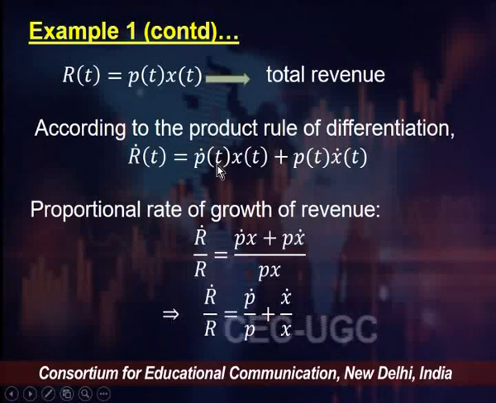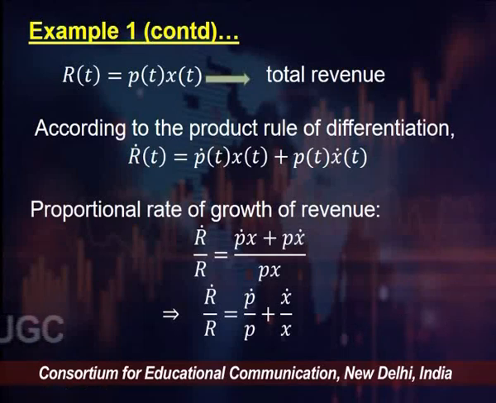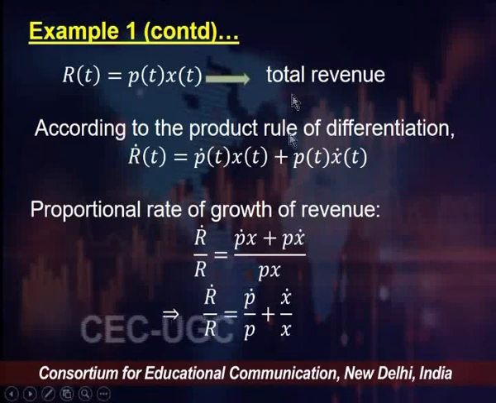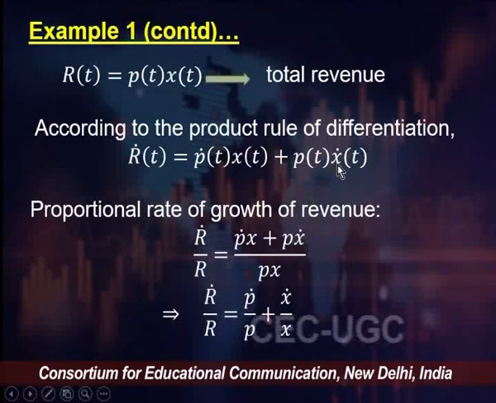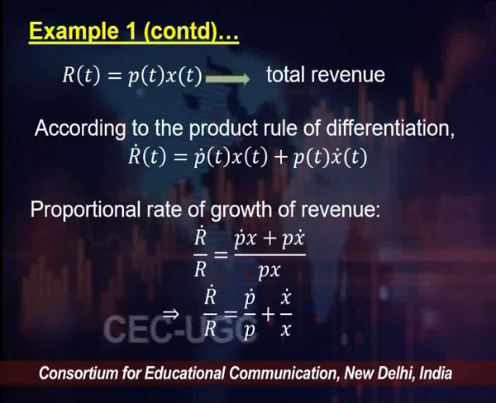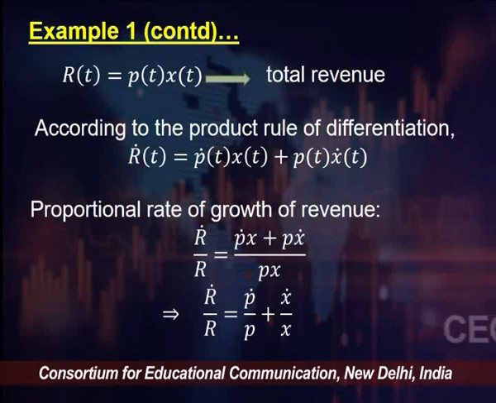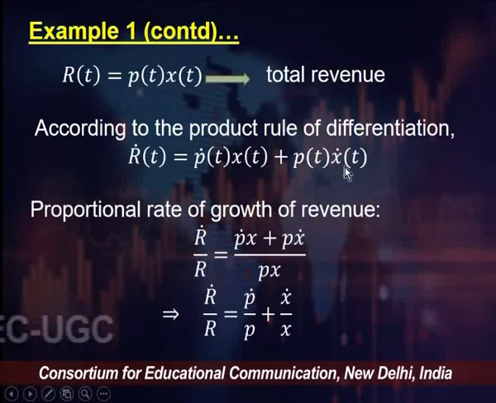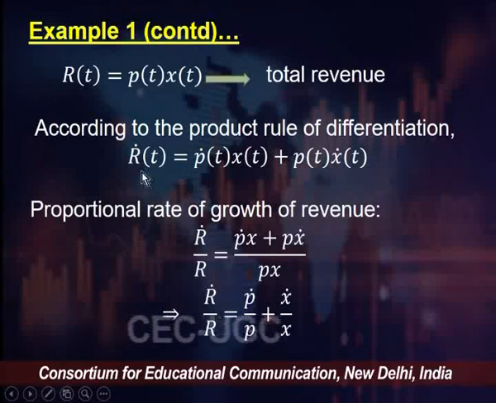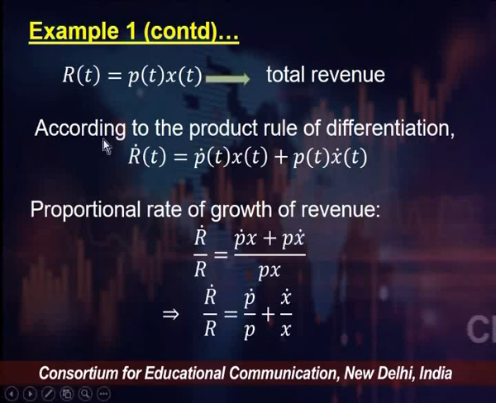Now, this can be explained as follows. The price may be increasing on account of inflation, so p dot is positive. Similarly, this firm might be accumulating equipment to undertake extraction, and in that sense you can expect the extraction also to increase over time, so x dot is also positive. Because p dot and x dot are positive, that would also mean that r dot will be positive, or in words, your total revenue will be increasing over time.